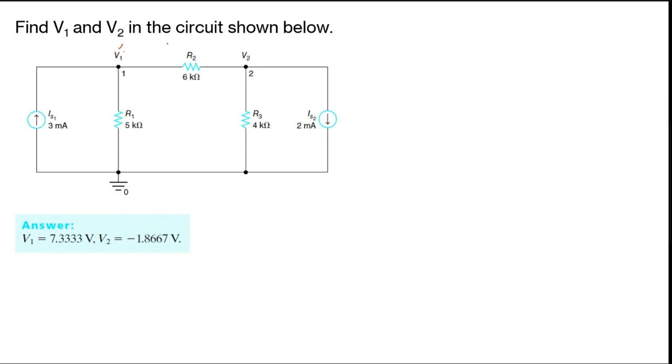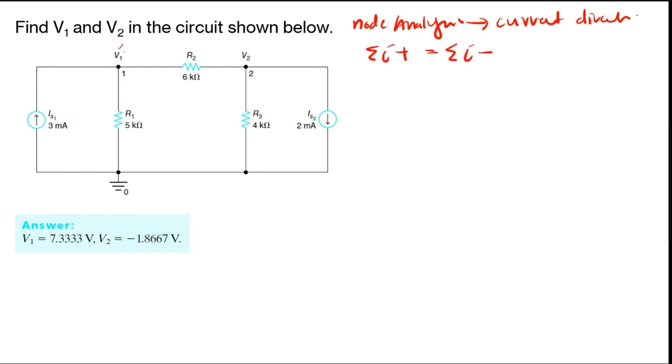When using node analysis, the first thing you need to do is set the current directions, because from these directions you sum the positive currents, which equal the negative currents, where the positive current is entering the node and the negative current is leaving the node.